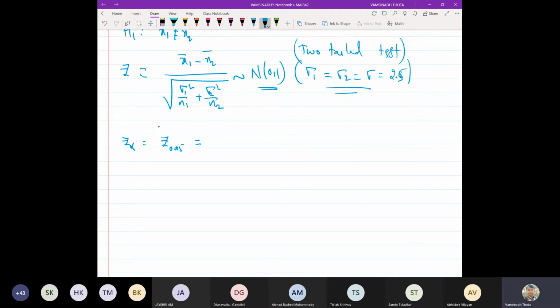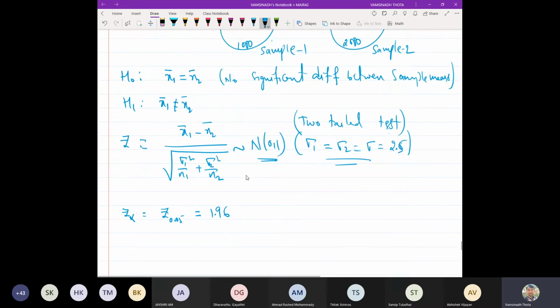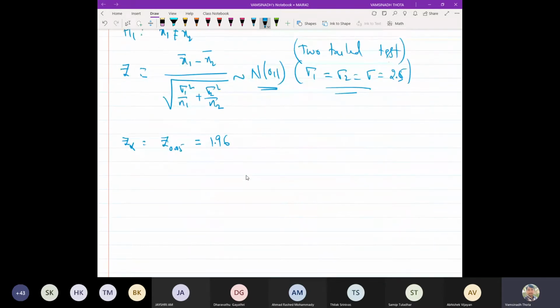It is 1.96, right? We have been doing it for the last two or three sections. You can get it from the table.